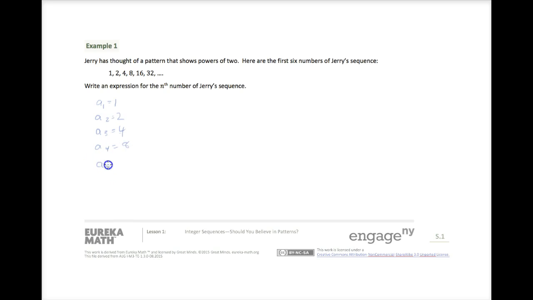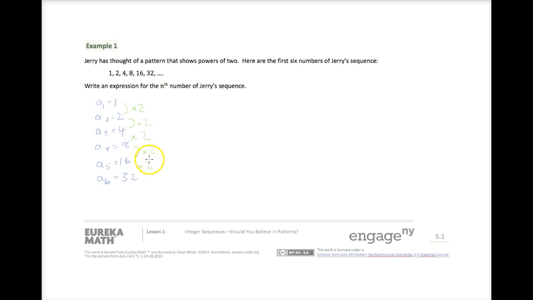The fifth term is 16. And this is A sub 6, because the 6 is below it, indicating the 6th position, which is 32. So what we see is that basically what he did was multiply by 2 times 2 times 2 times 2 times 2.